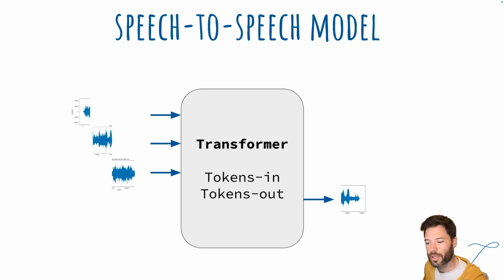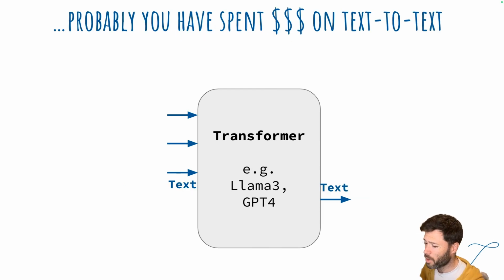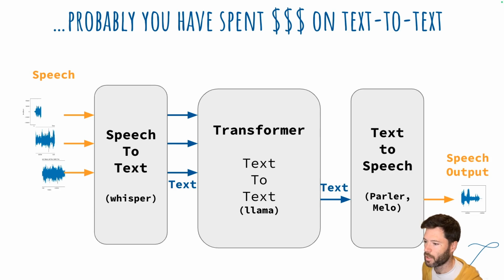Now, if you want to build a speech-to-speech model, probably you have already spent a lot of money on building a text-to-text model. So you have already, for example, Llama 2 or Llama 3, or you might have GPT-3 or GPT-4. And this model, of course, only handles text, but it has been trained with a lot of knowledge. So you might want to bootstrap that in order to build a model that supports both text and speech. What you can think of doing is adding on, at the left-hand side, a speech-to-text model that will convert from speech to text.